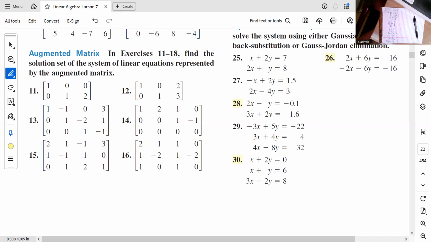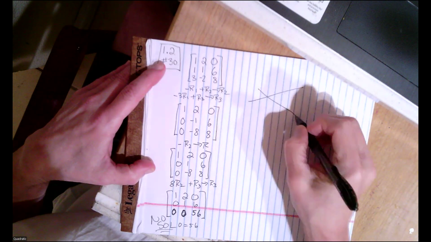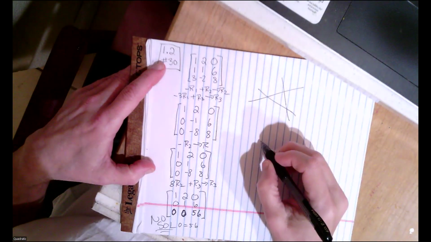Now, there are other ways this could happen. Geometrically, there are many ways. You can have what we just showed. You could have three parallel lines.